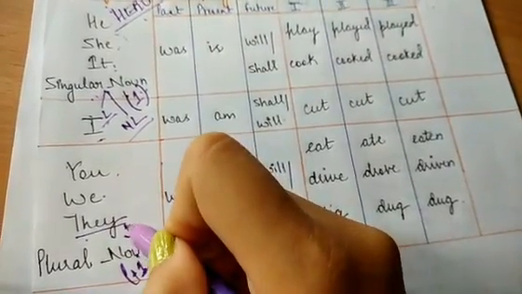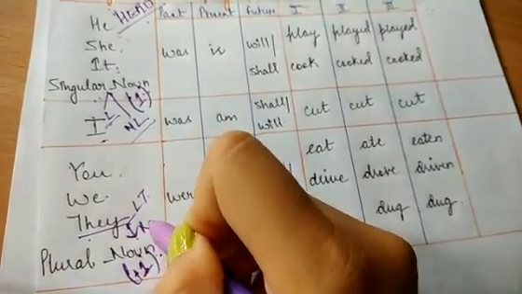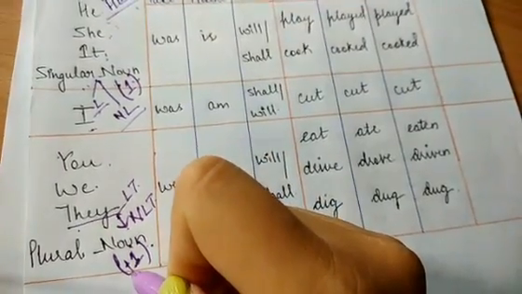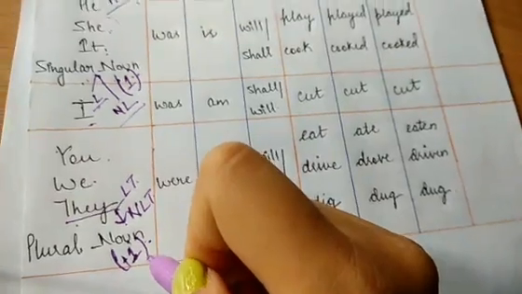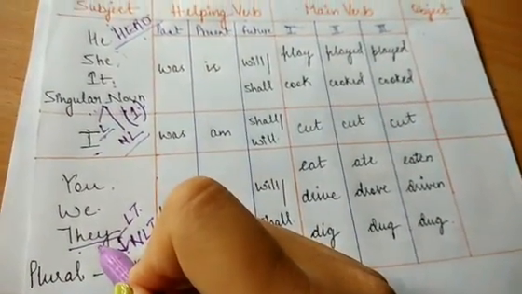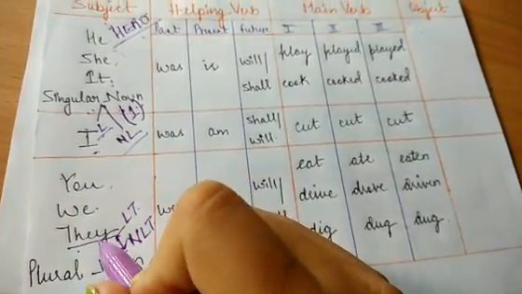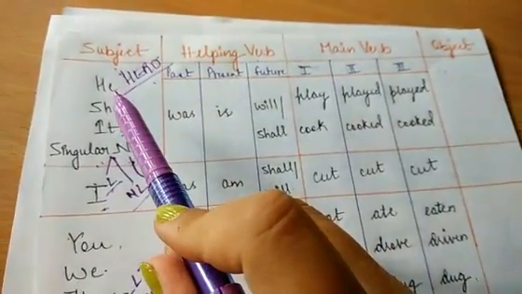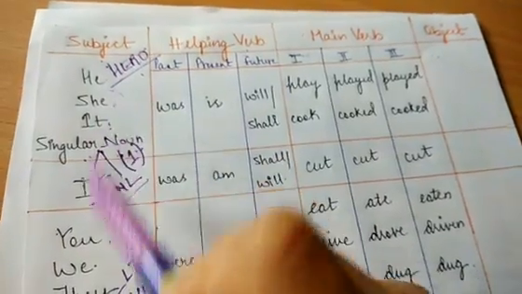Please remember, this they can be used for living things as well as for non-living things. If I am talking about chairs, I can say chairs, but if I am using a pronoun in place of chairs, I will say they. Chairs are kept in the room, or I can say they are kept in the room. Anubha is studying. I can say she is studying.